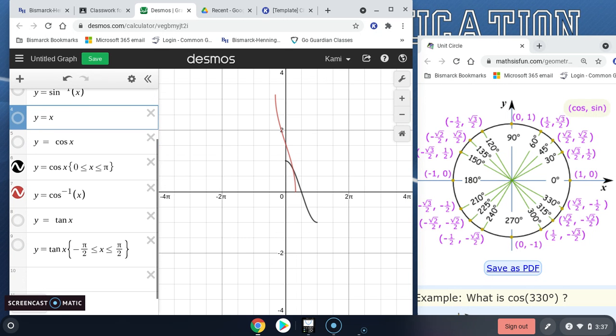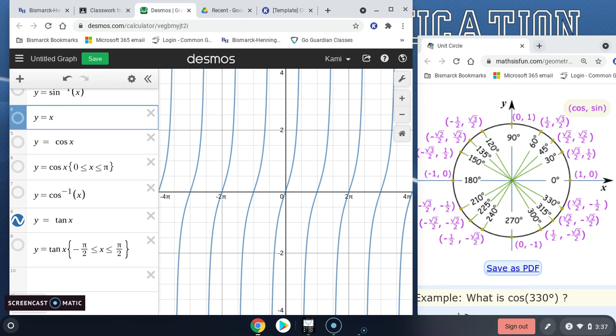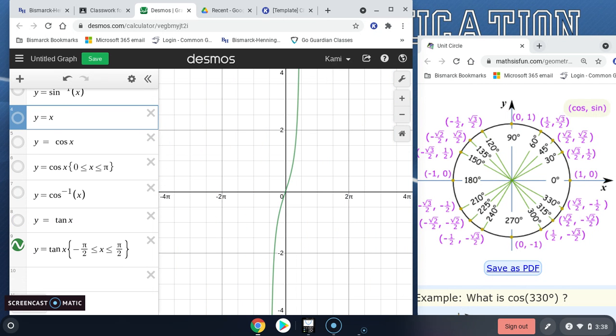Okay, similarly, you can do the same for tangent. Here's your tangent. But again, if we reflect that over the y equals x line, it's no longer a function, so we're going to restrict the domain. And tangent is restricted from negative pi over 2 to positive pi over 2.